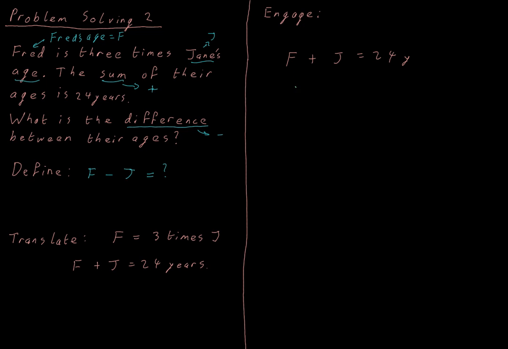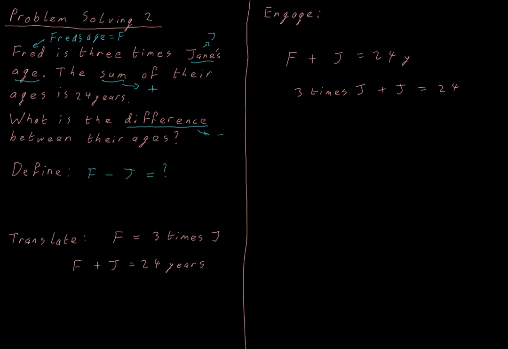Well, that would be the same as saying 3 times Jane's age plus another of Jane's age would be 24.